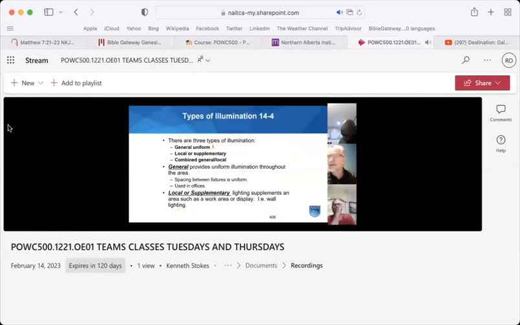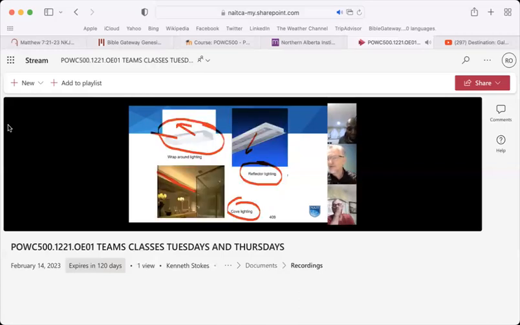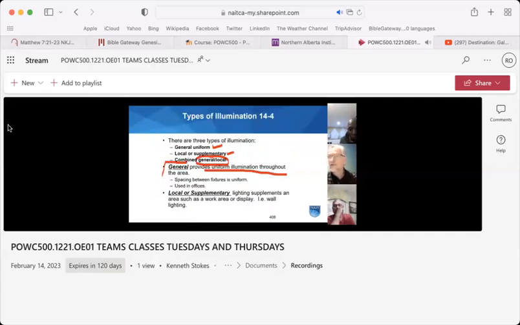Types of illumination: something called general uniform, something called local or supplementary or combination. General is just strictly classroom type lighting, uniform throughout the area. So we'll see these guys, multiple fixtures all over the classroom, spreading the light all over the place.